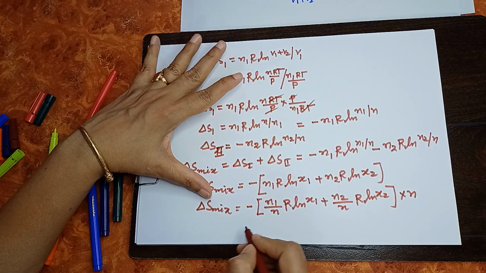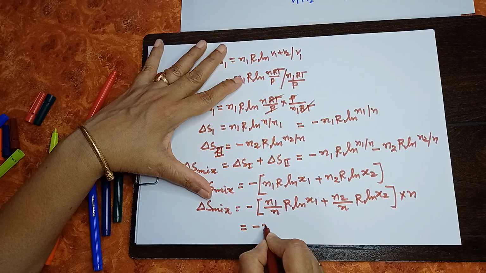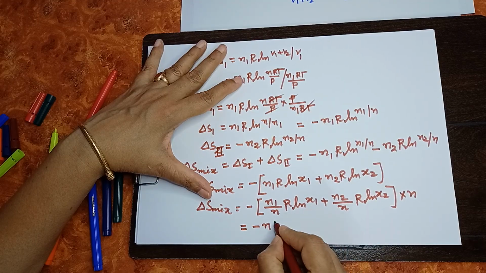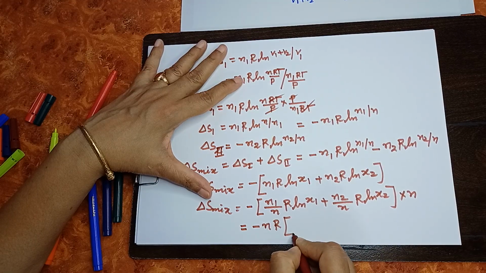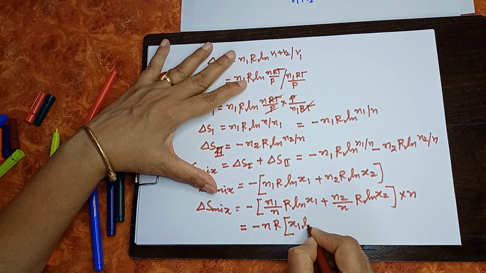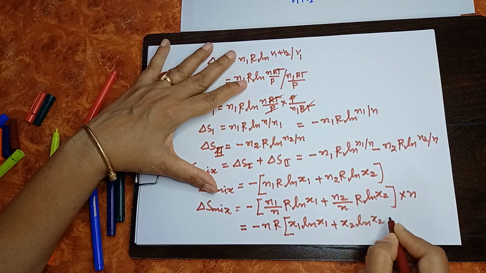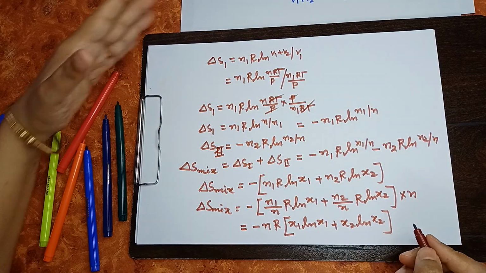So this is equal to minus N R, taking R outside as common, N1 by N is X1, so X1 ln X1 plus X2 ln X2. This is the equation.